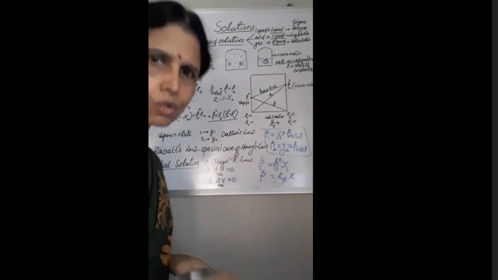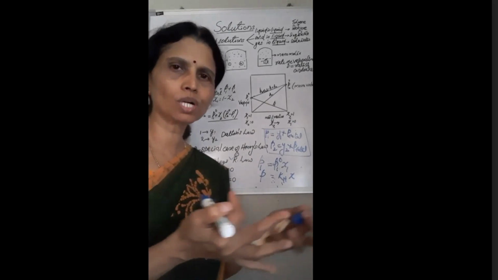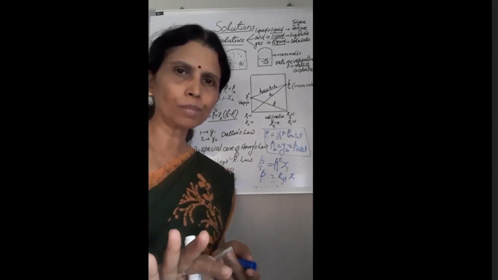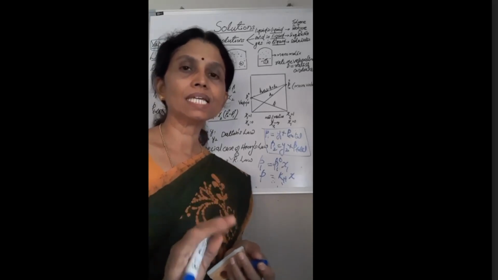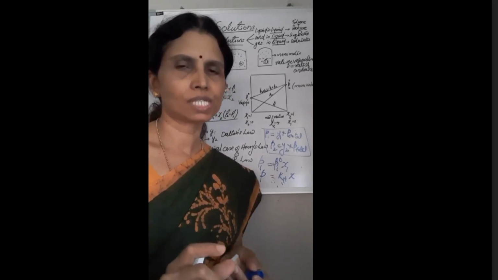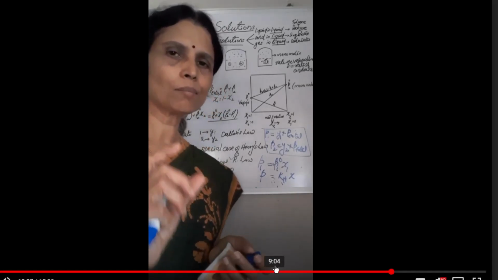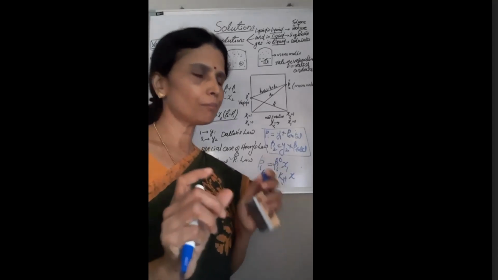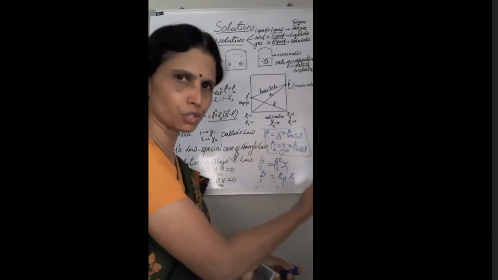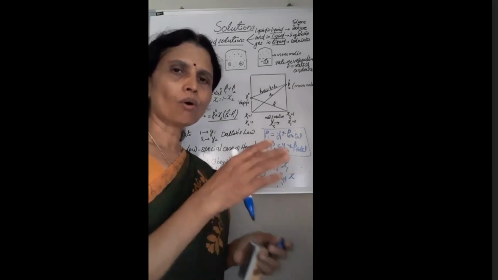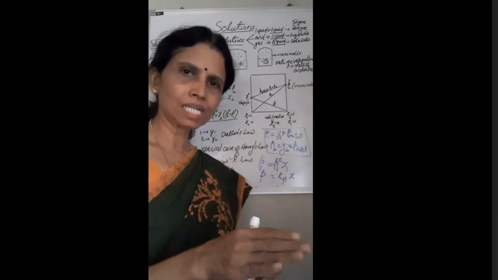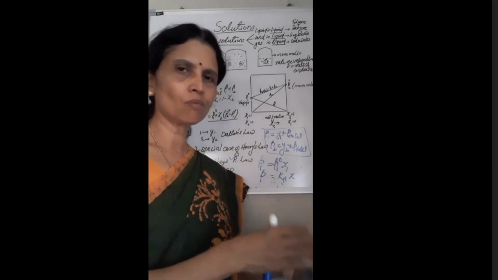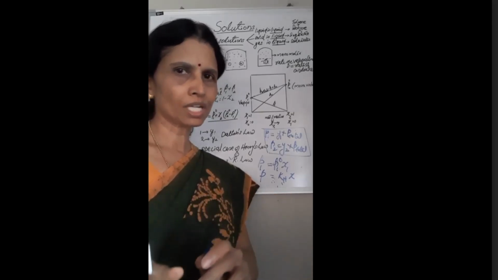Now for obeying Raoult's law, when we mix the two components, there should not be any change in the intermolecular forces. That is, the intermolecular forces formed between component 1 and 2 should be of similar types to those present in pure components, that is between 1 and 1 and between 2 and 2.